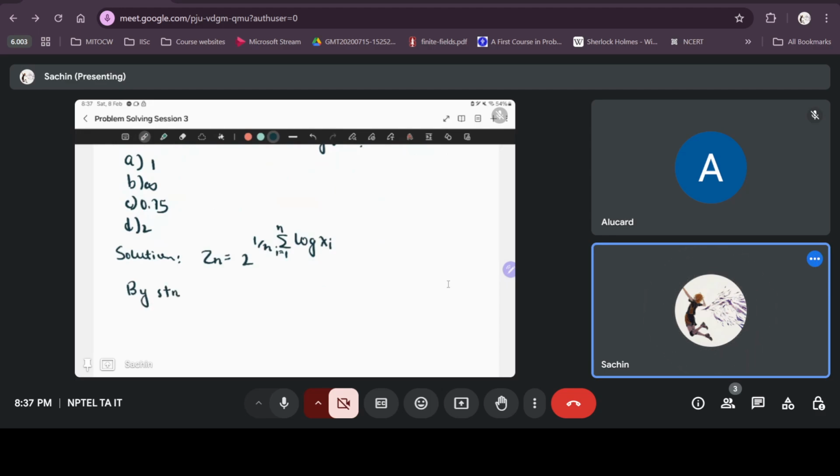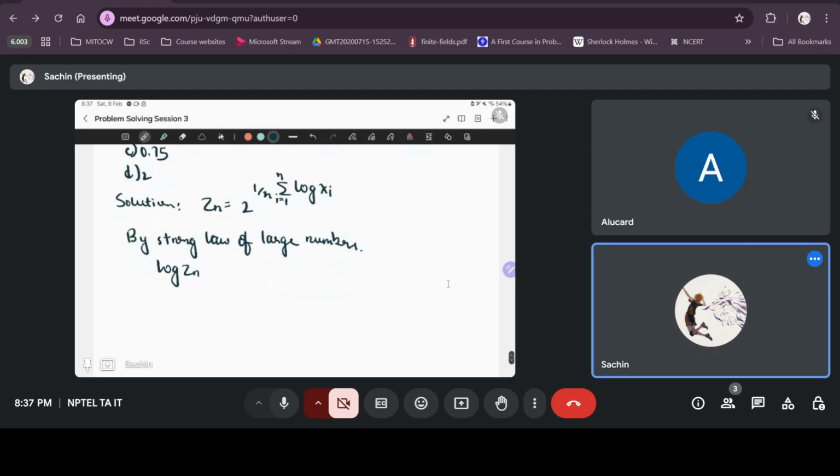By the strong law of large numbers, this quantity log of Zn is equal to 1 over n summation log of xi, i equals 1 to n, converges to expected value of log x.